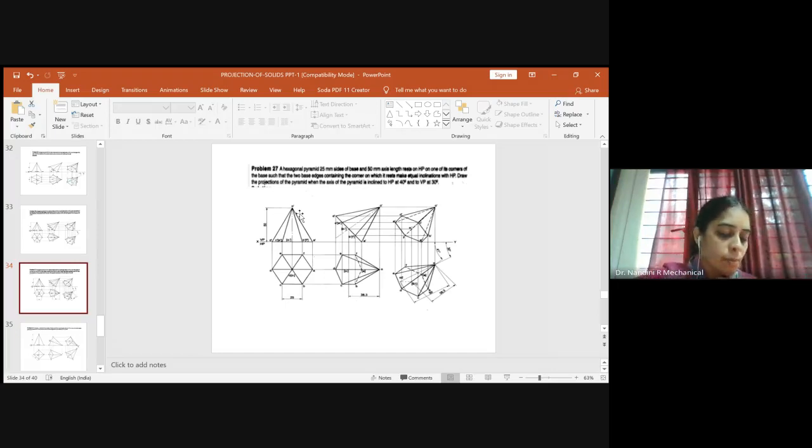So in this problem, you will be having the projection from these two corners, the projection of these two longer edges, when you view from the front. Apart from that, you will be having the center axis, which will be visible from the top to the bottom surface. So this is how you have to get the clarity how it will be positioned when it is resting on one of its corner in case of a hexagonal pyramid.